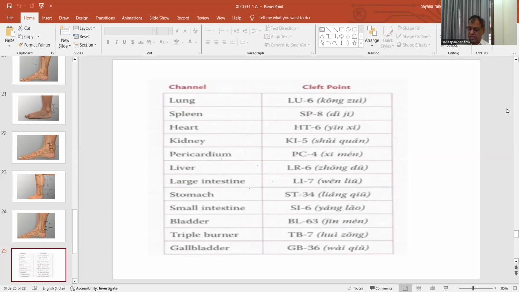So these are the Xi-cleft points on the 12 meridians.